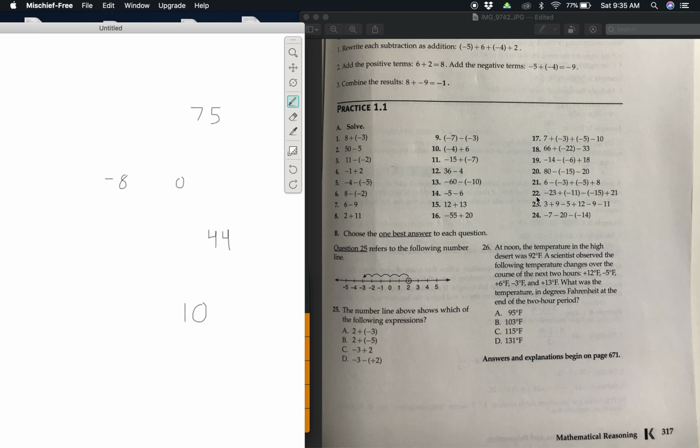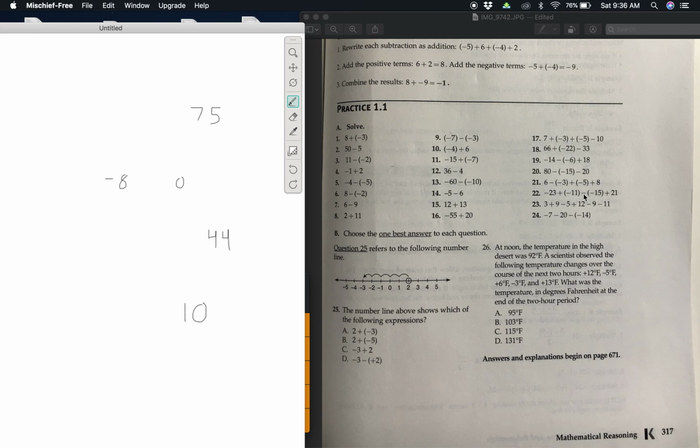Okay, now 22. Negative 23 plus a negative 11 is 34. So we added a negative amount to the already negative 23, so it would be negative 34 right now.